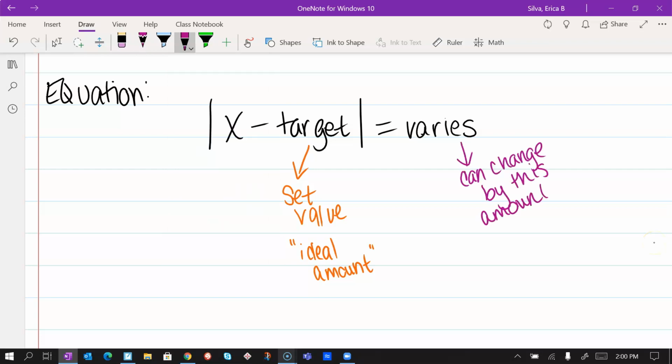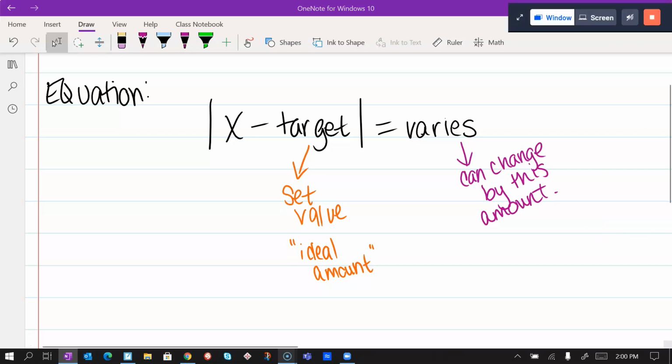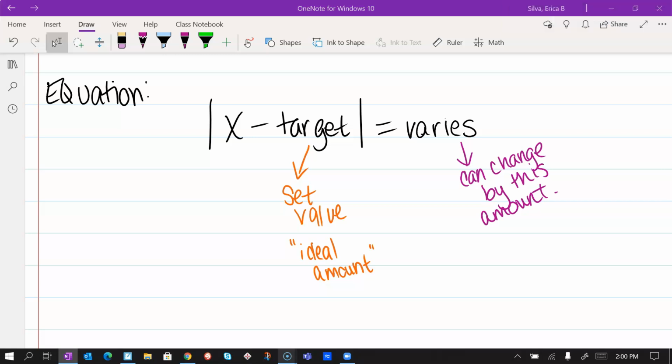Now, some phrases, so you can understand more or less what it is: it could be off by this amount. Or if I say I want a grade of an 80, give or take 5 points, what does that mean? If I want an 80% in the class, give or take 5 points, what grades would I be okay with?